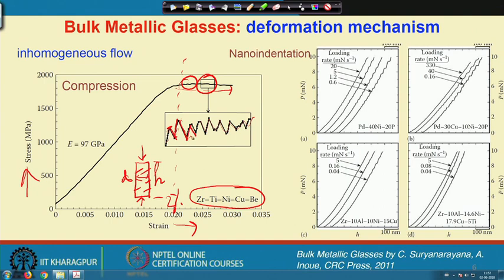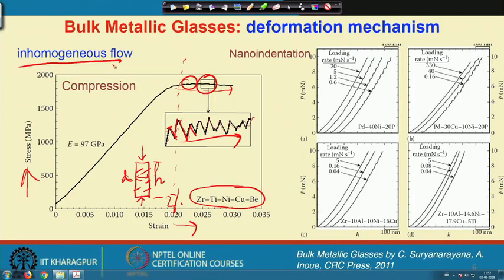The formation of such serration clearly indicates that this is definitely not a homogeneous flow, but a localized or inhomogeneous flow event that goes on in a bulk metallic glass.